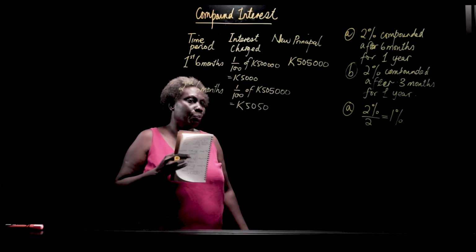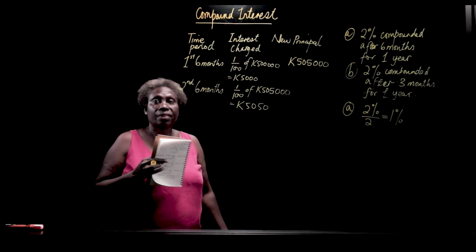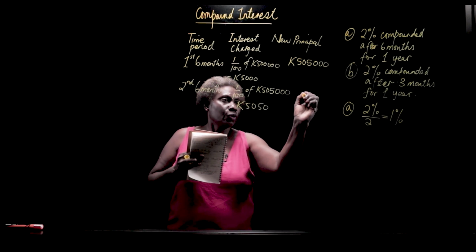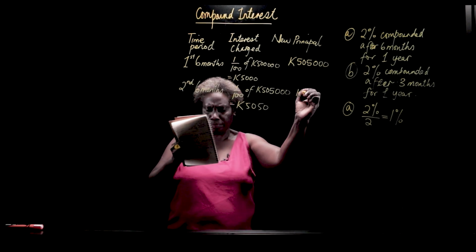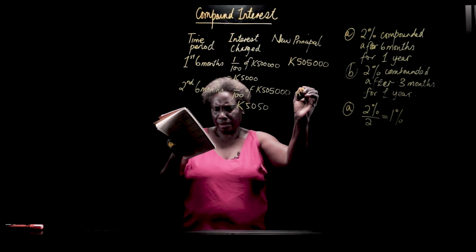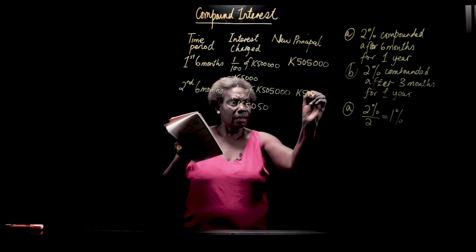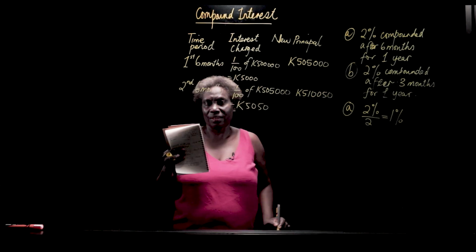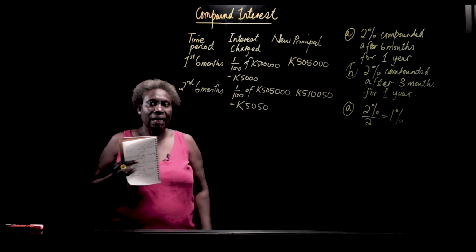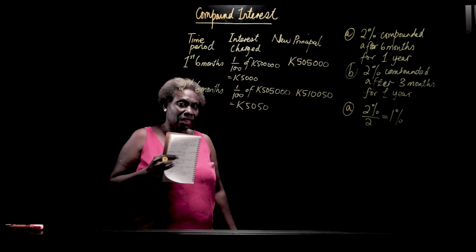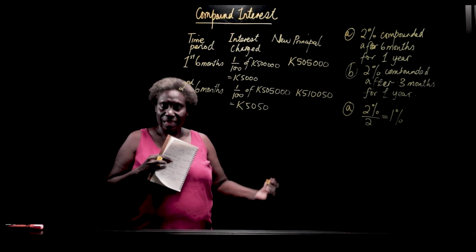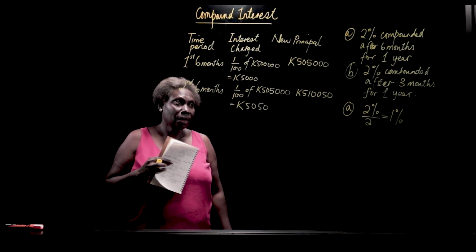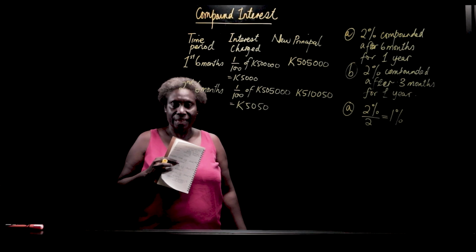The new principal will be 505,000 kina plus 5,050 kina, so our new principal this time will be 510,050 kina. That is the amount that he's going to receive at the end of the second 6 months, the accumulated amount that he will earn at the end of 1 year.